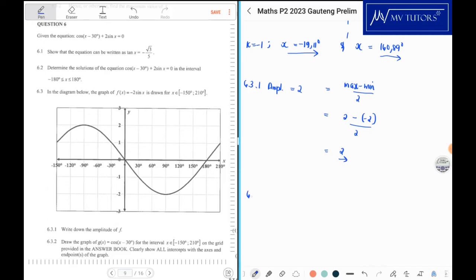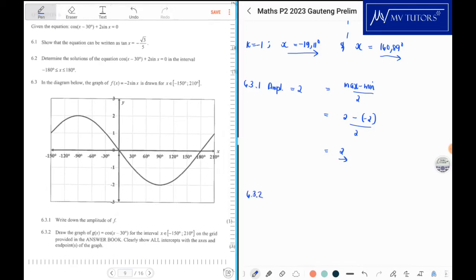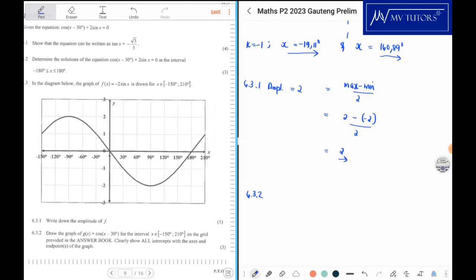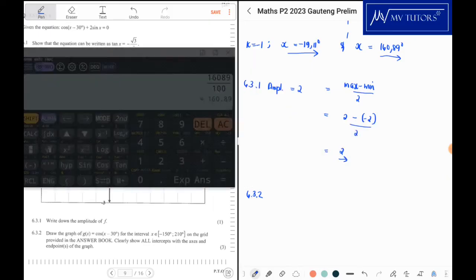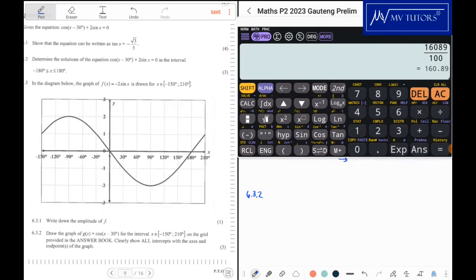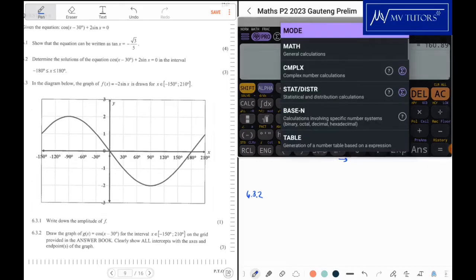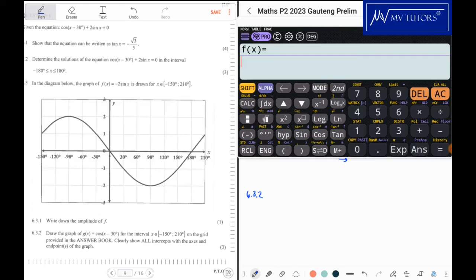All right, now 6.3.2, it says draw the graph of g of x, where we have the cos graph shifted 30 degrees to the right. And for that interval of negative 150 to 210 on the grid provided, I'm going to just draw it over here. The simplest way is to use your table method. So go to your mode, table, and then put in the equations.